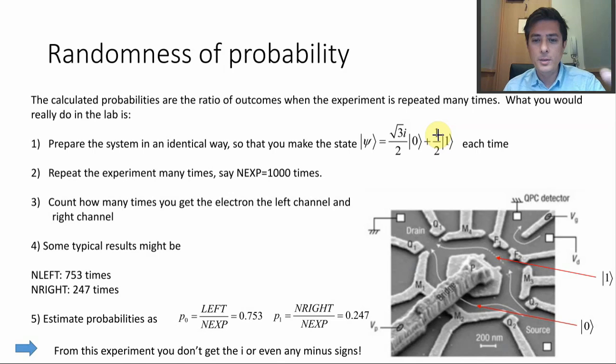So one type of measurement, after repeating it many times, only gives you partial information about the quantum state. But we'll talk about this a little bit more later.